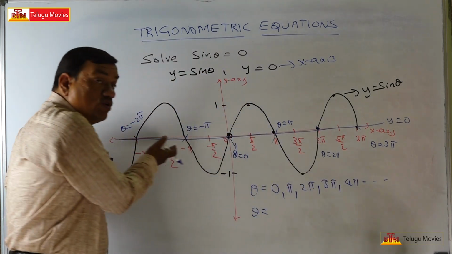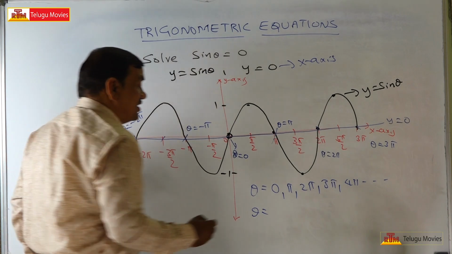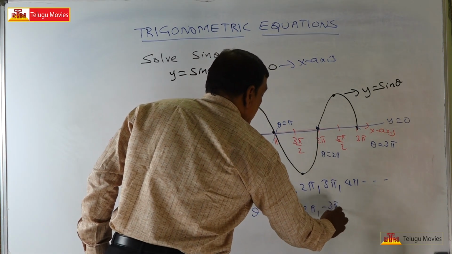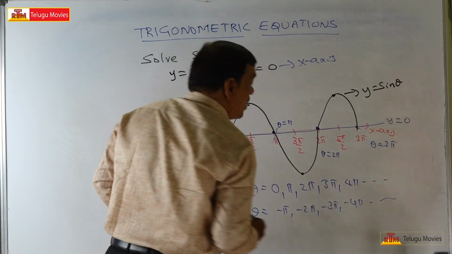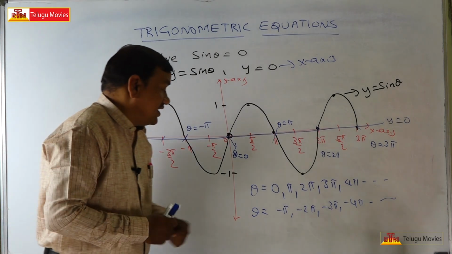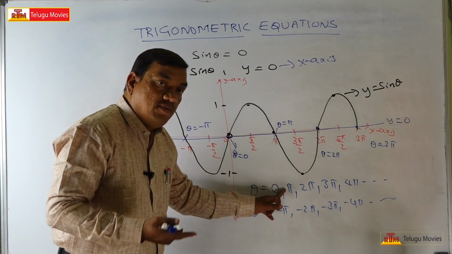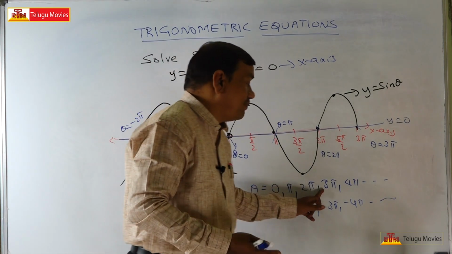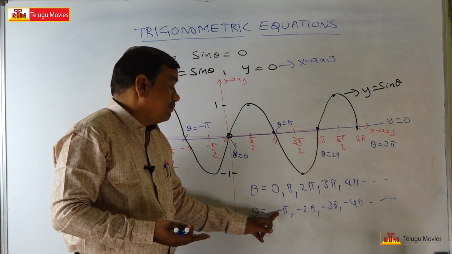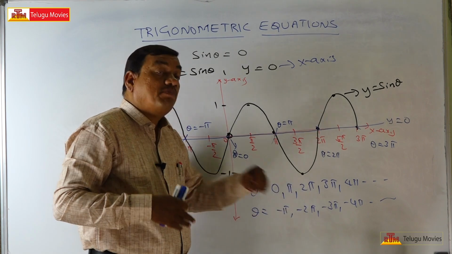Some more solutions are on this side: minus pi, minus 2 pi, minus 3 pi, minus 4 pi, and so on. Understand this? Okay. So what do you observe here? You have 0, 1 pi, 2 pi, 3 pi, 4 pi, and so on, and again minus pi, minus 2 pi, minus 3 pi, minus 4 pi.